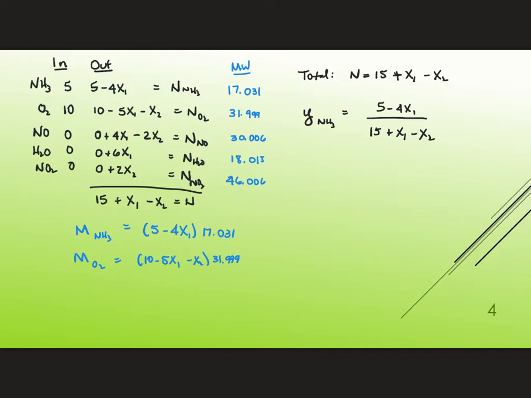If I wish to add this up and find the total mass m, so I could get mole or mass fractions, well, the expression is going to be a little bit ugly.